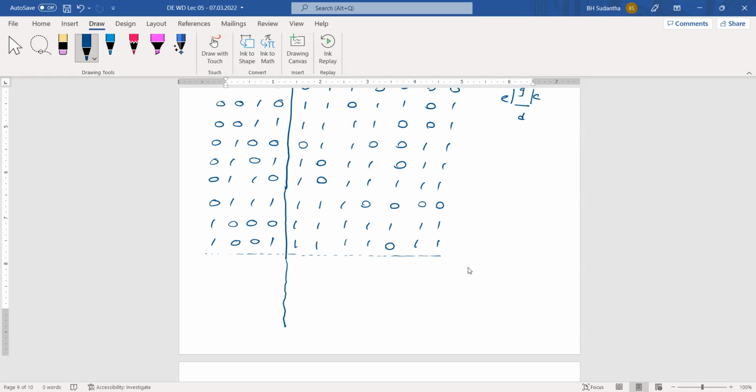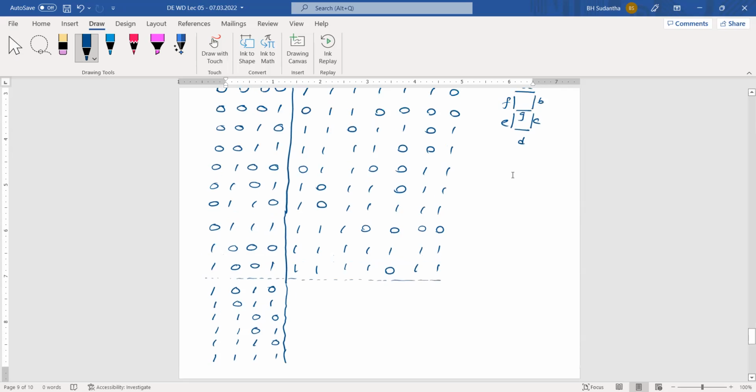Then it's 10, 11, 12, 13, 14, 15. Those are the available values. But for these values we cannot display those things in a readable format.